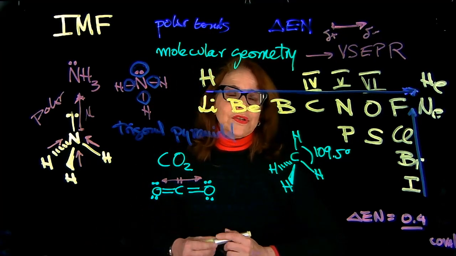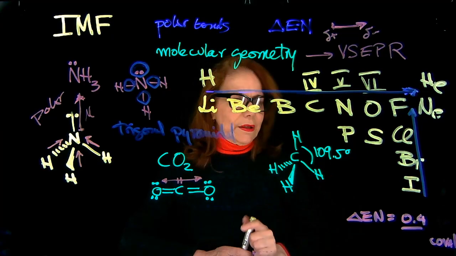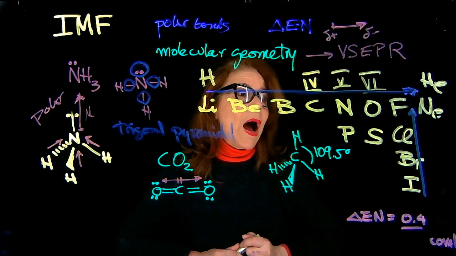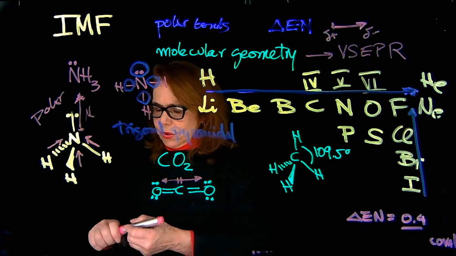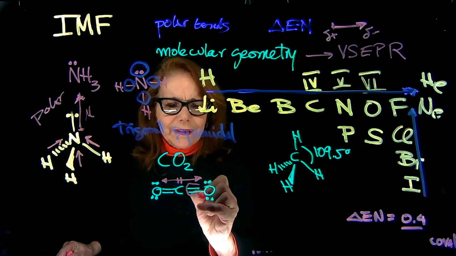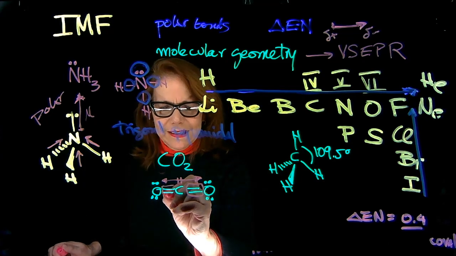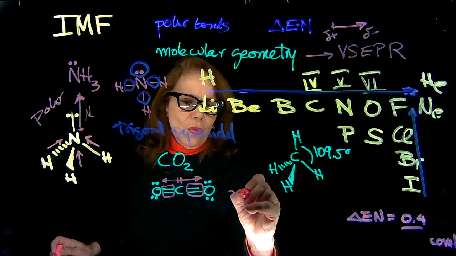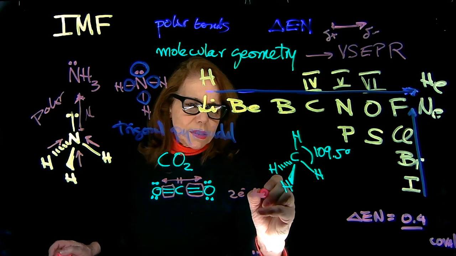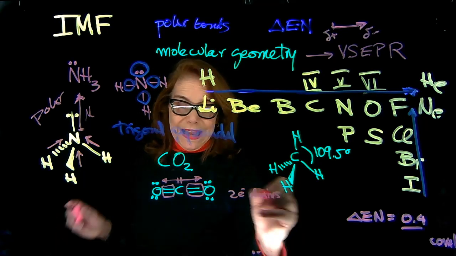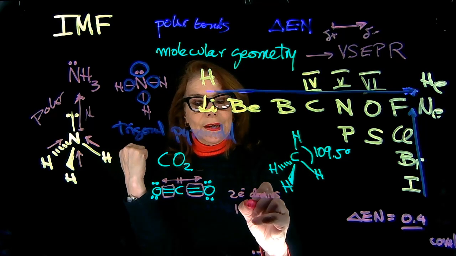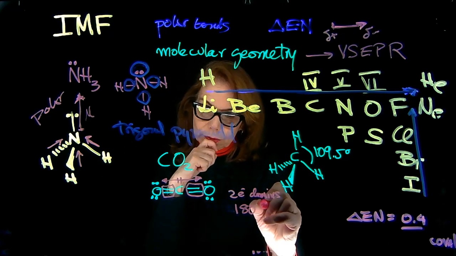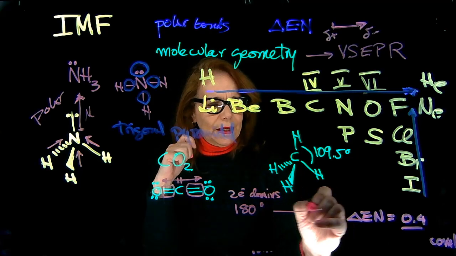The answer is in valence shell electron pair repulsion. You have 2 electron domains. This is one domain, and this is another domain. To be as separate as possible, they need to be at a 180 degree angle, and that is precisely aligned.